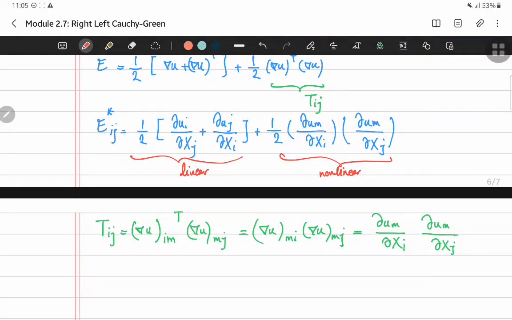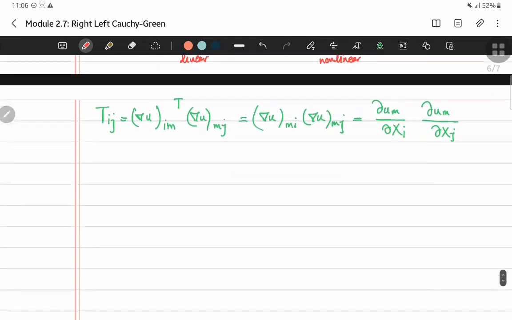The examples here are also really easy. If you've followed the examples in the previous section for the right Cauchy-Green tensor, you definitely are able to solve these examples without any problem.